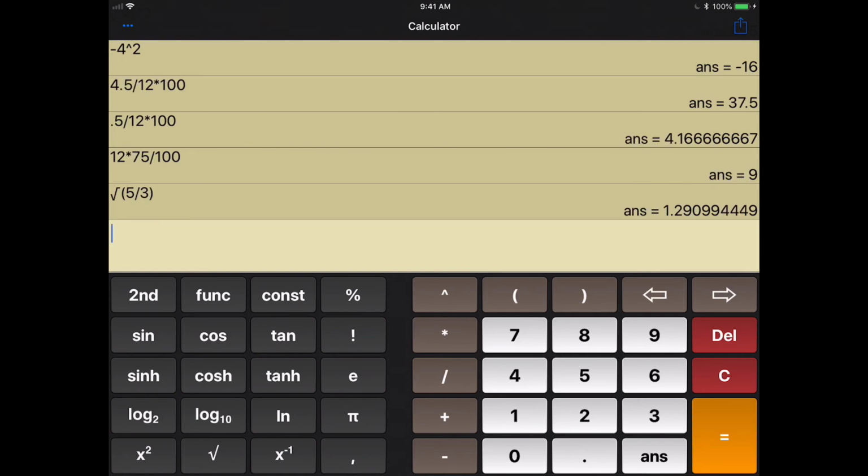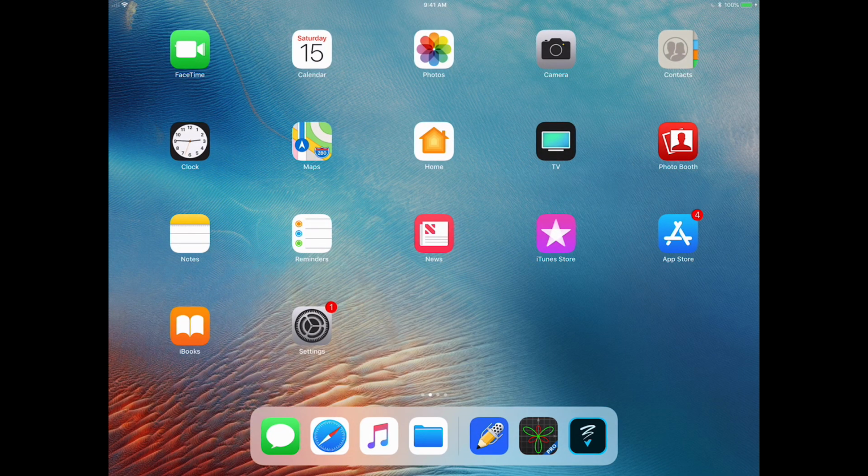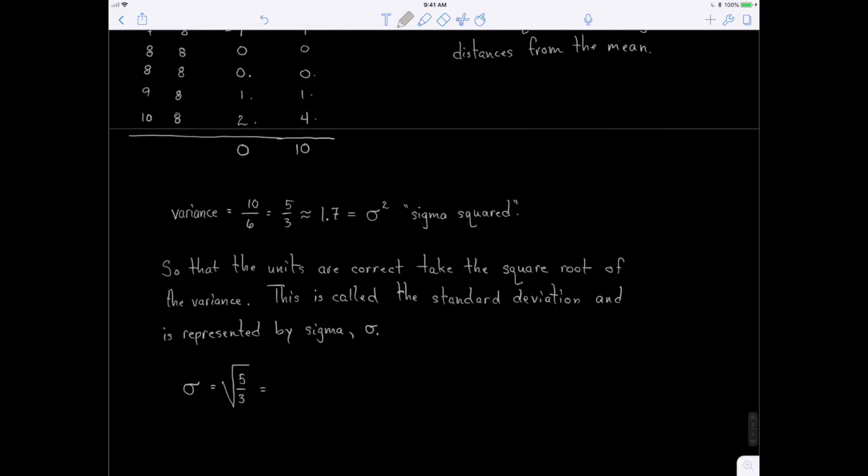We'll round that to the nearest tenth, so we'll call it 1.3. I probably should have a wiggle because it is an approximation. And that is how we find the standard deviation and the variance for a data set.